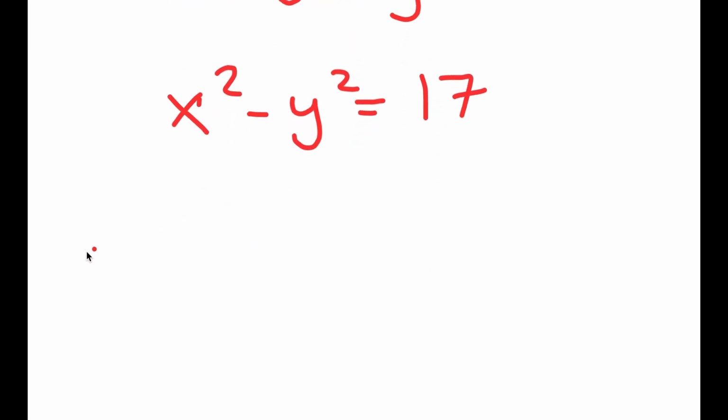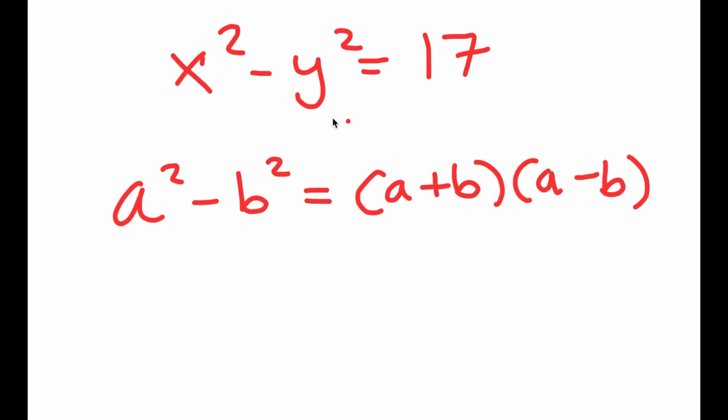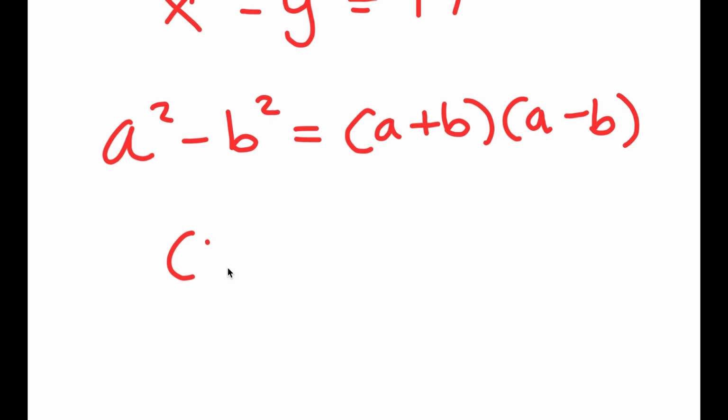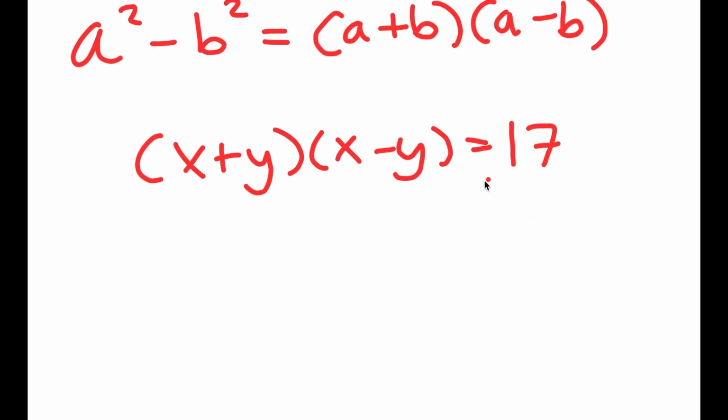Now, if I have something in the form a squared minus b squared, this is equal to a plus b times a minus b. So in this case, x squared minus y squared is equal to x plus y times x minus y is equal to 17.